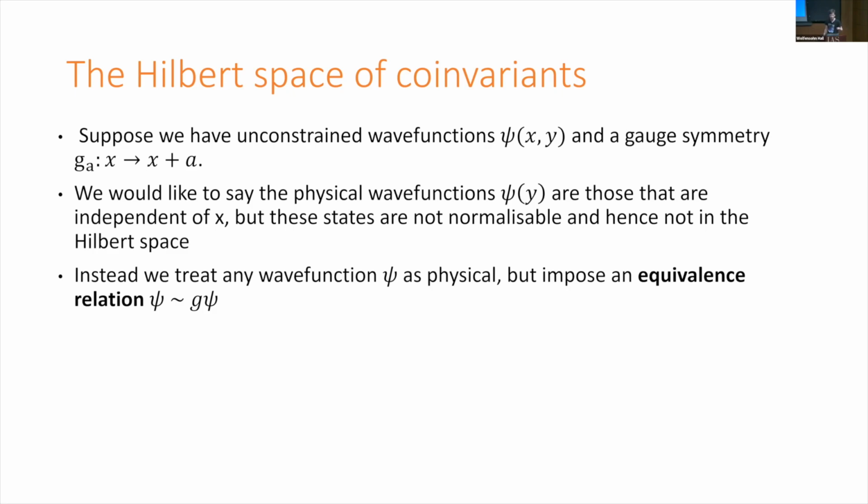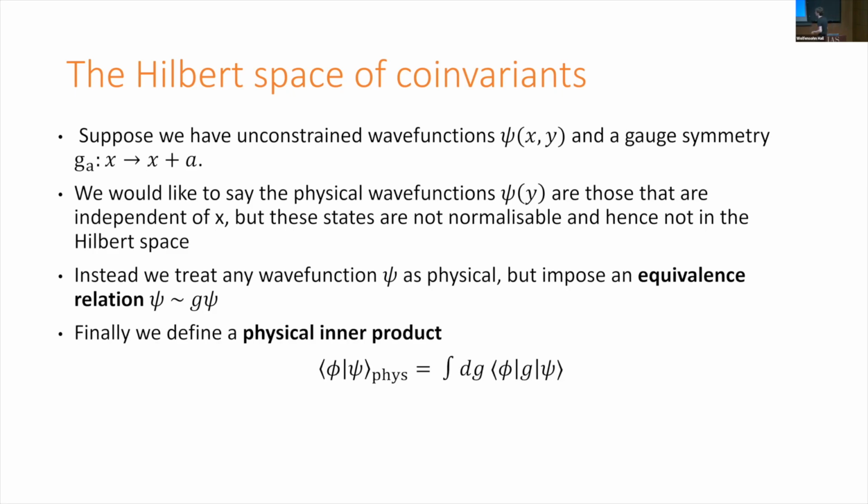But we can define a modified inner product, called the physical inner product, defined by taking the naive inner product and integrating over elements of the gauge group in between. This can be normalizable for normalizable states phi and psi. And manifestly, we get the same inner product for psi and for g of psi, just because the Haar measure is invariant. So this is a well-defined thing on the quotiented Hilbert space, and that gives the Hilbert space.